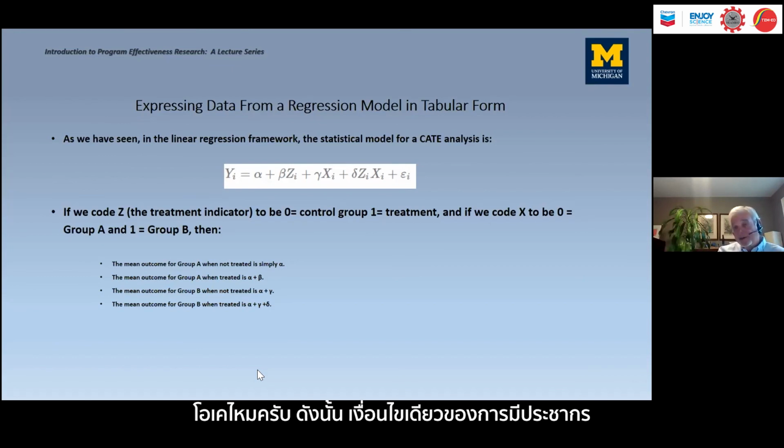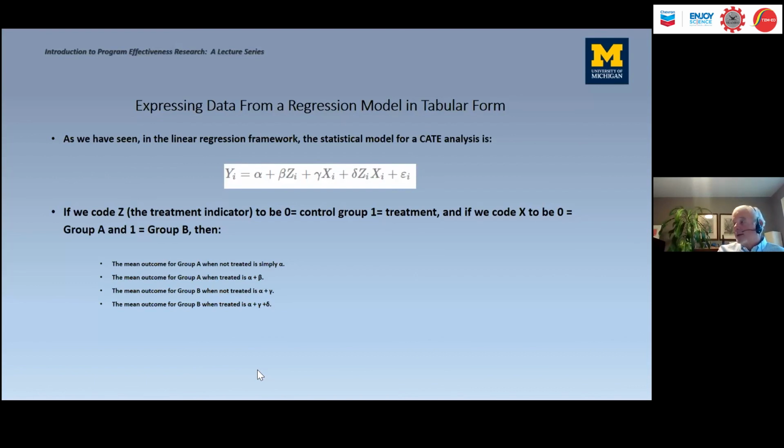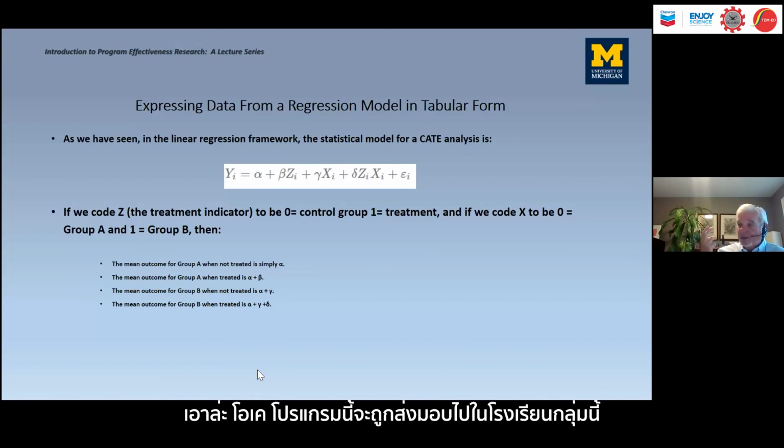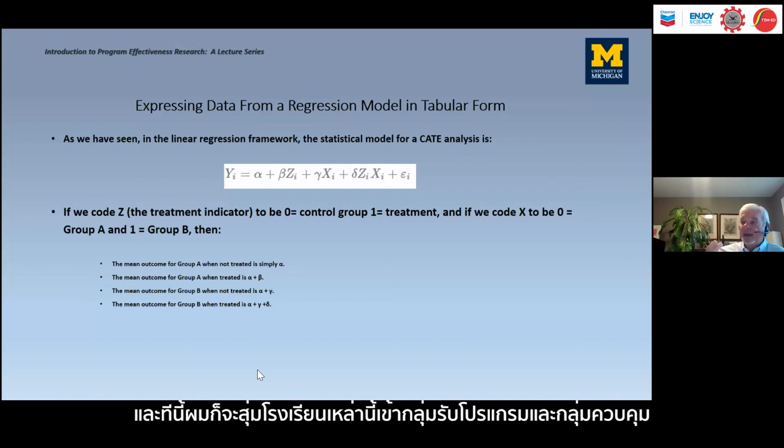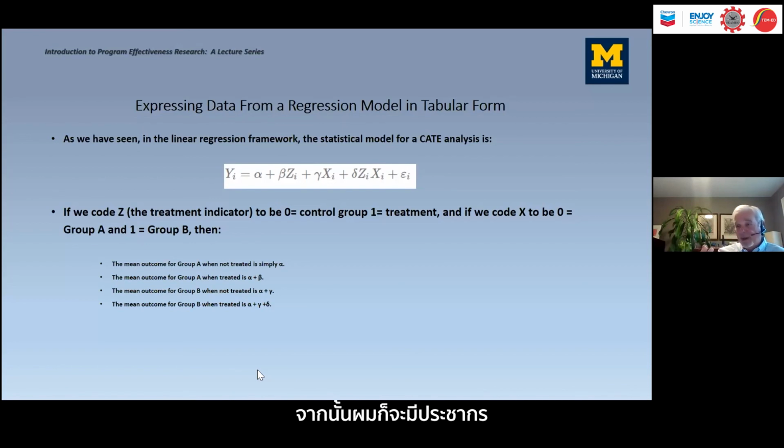Okay, so the only condition under which you would have the population, I suppose, would be that no one, well, I just can't imagine it. I guess I was going to say, if you said, well, okay, this treatment is only going to be ever delivered within this set of schools, and now I'm going to randomly assign them to treatment and control, then I have the population.